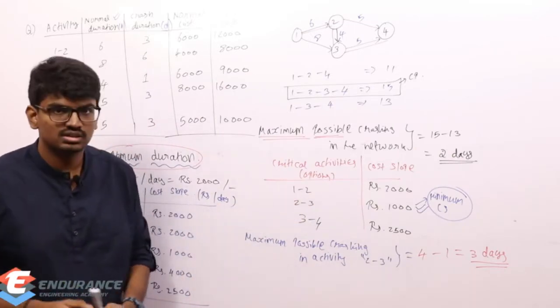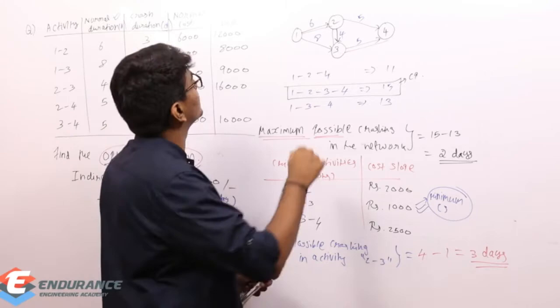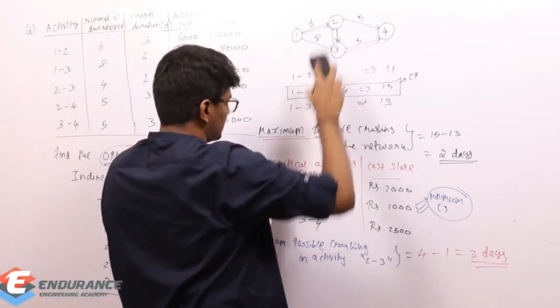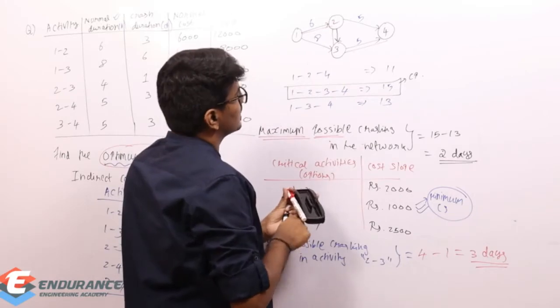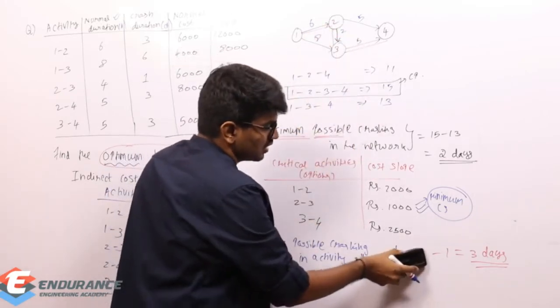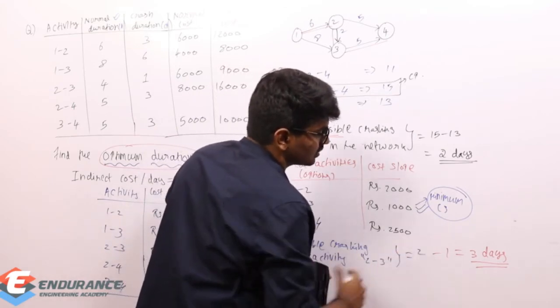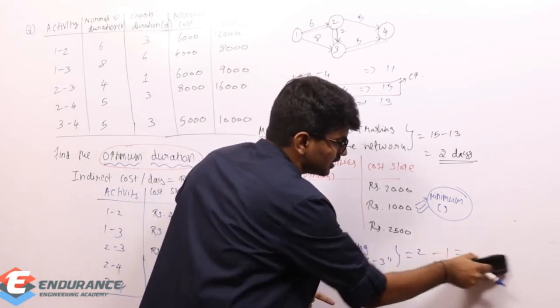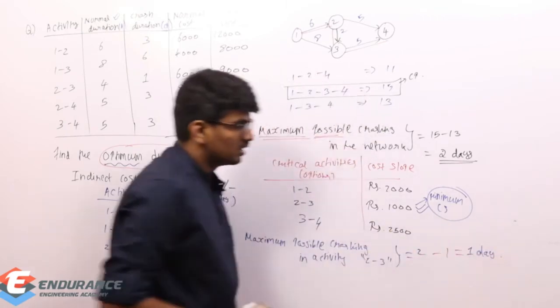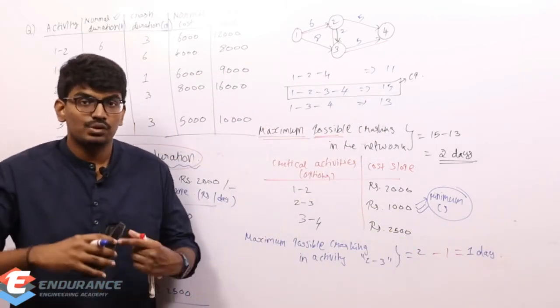But let us consider, just for an example I am stating, that this is 2. If it is 2, what will happen? 2 minus 1, so then this is going to become 1 day, right? My requirement is 2 days.